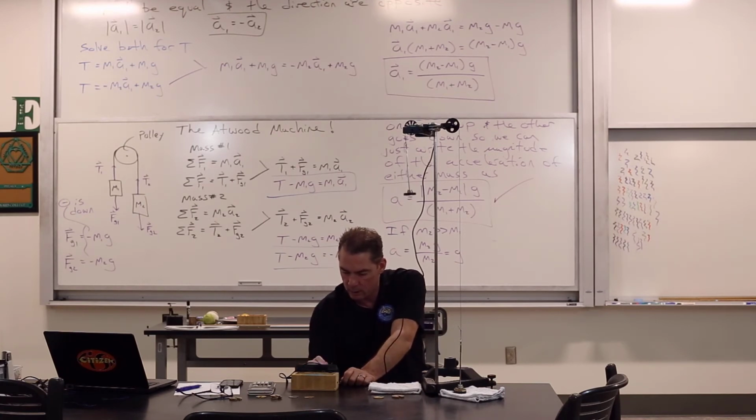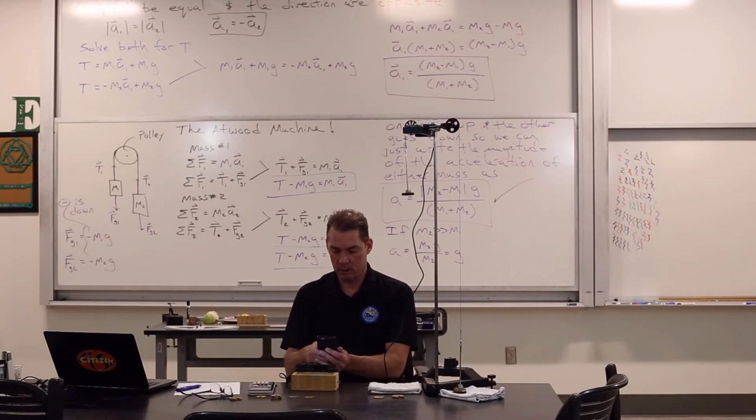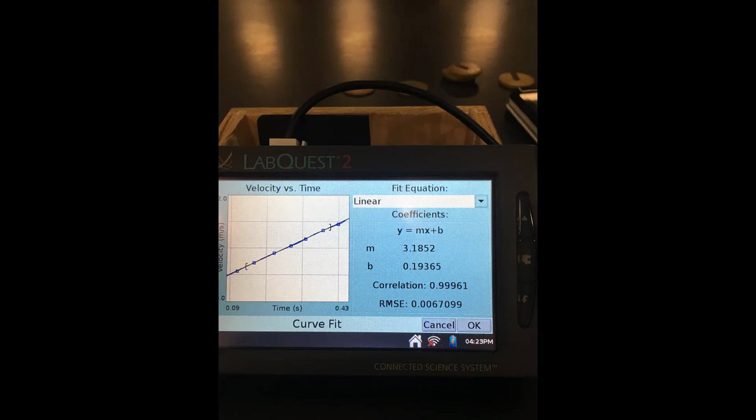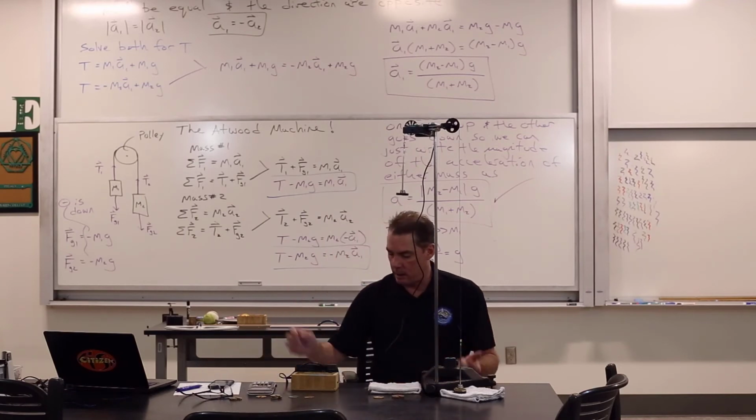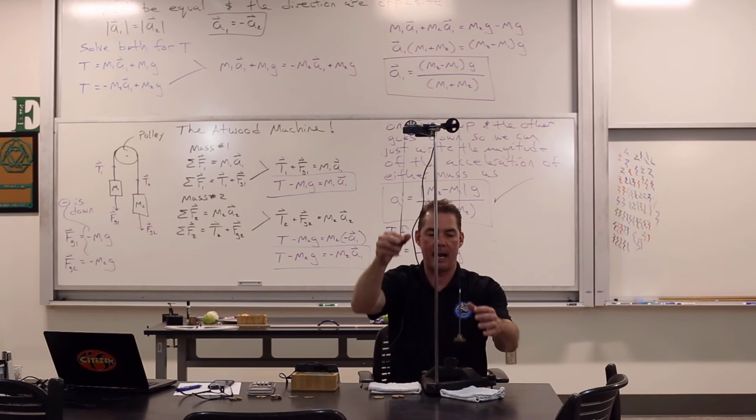Graph zoom in. Graph analyze. Curve fit. Linear. Now I get a 3.1852. Take a nice picture of that. Increasing as it should. Okay, get ready to take some more data here.